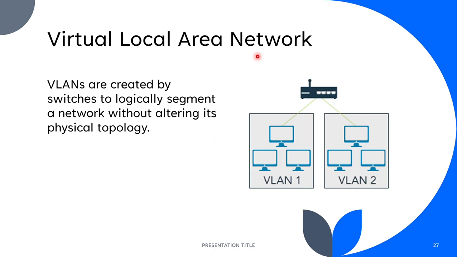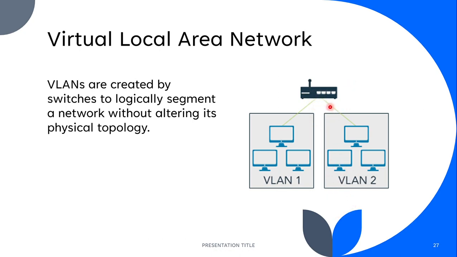Okay, so another way a network can be segmented is through a virtual local area network. Remember, I told us that this can be achieved with a switch. This is a graphical illustration of a switch. This is how you can represent a switch.